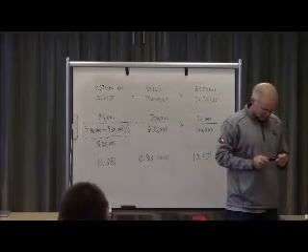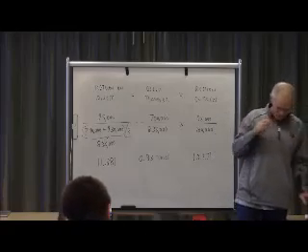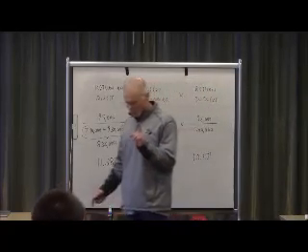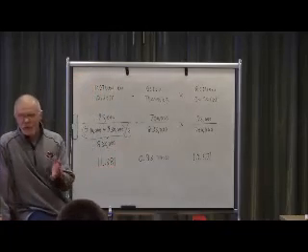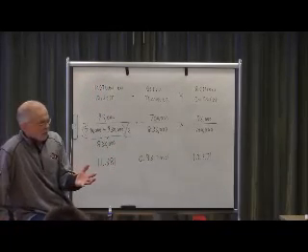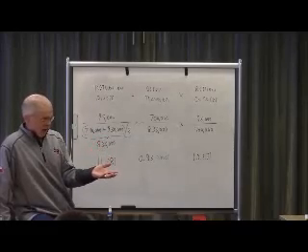See, if you're in a high turnover business, if you've got a return on sales of 1%, but your asset turnover is 15 times, your return on assets is going to be 15%.